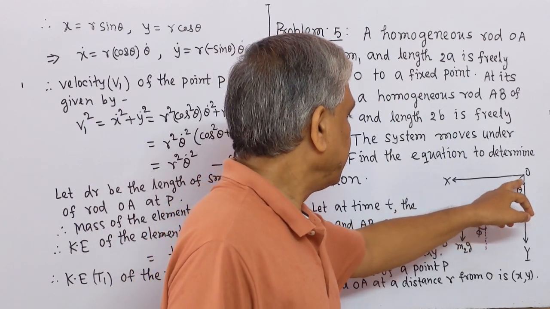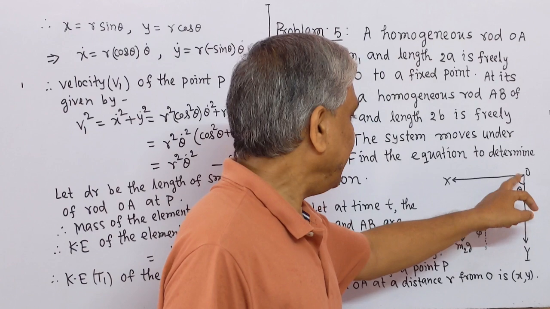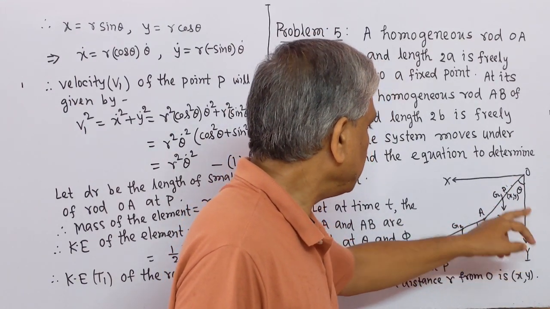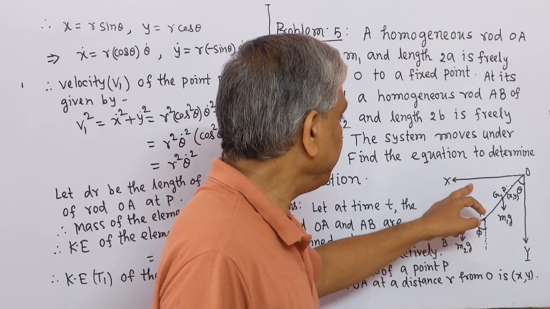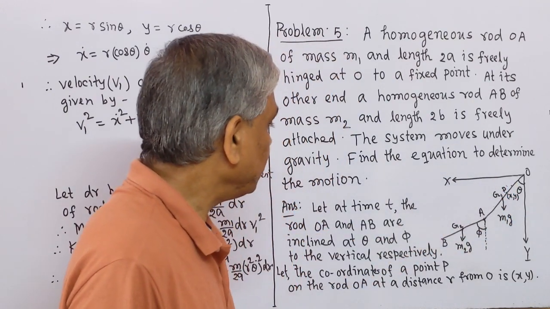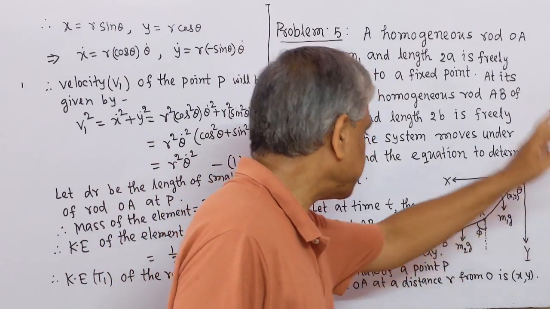Since theta is the angle made by the rod with the y axis, the x coordinate will be r sin theta and the y coordinate will be r cos theta.